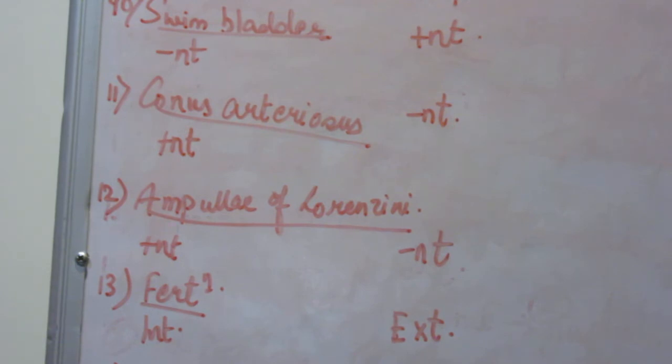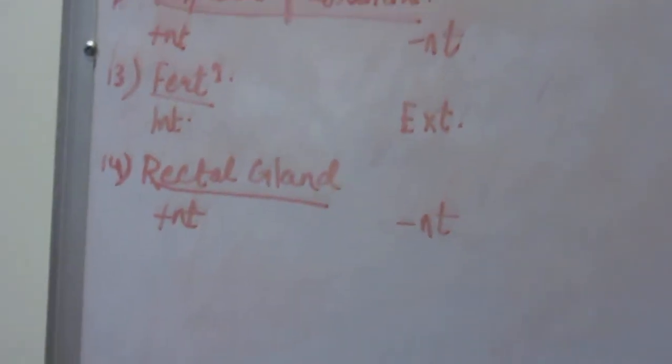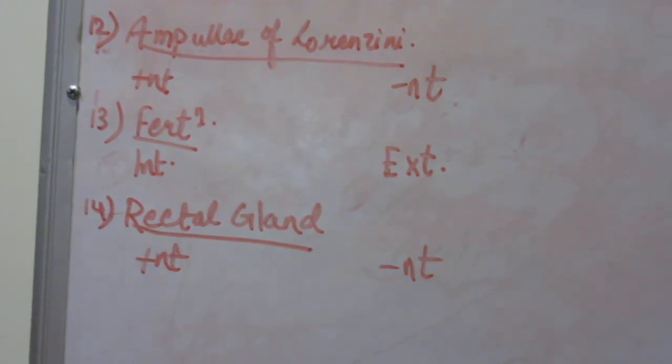Fertilization is internal in C while it is external in O. Then is rectal gland. So rectal gland is present in C and absent in O. What is a rectal gland? It is actually a salt secreting osmoregulatory organ.